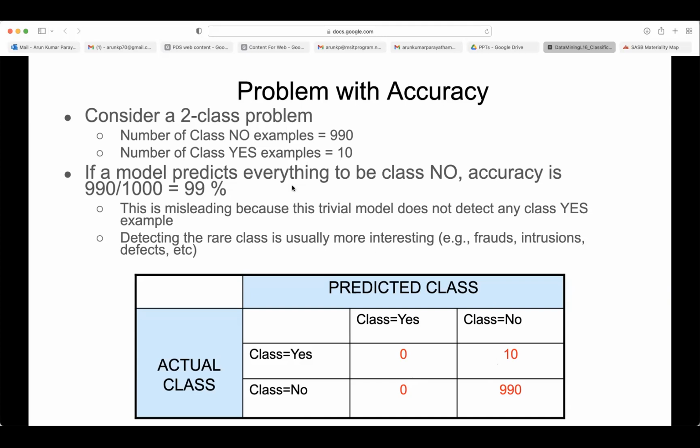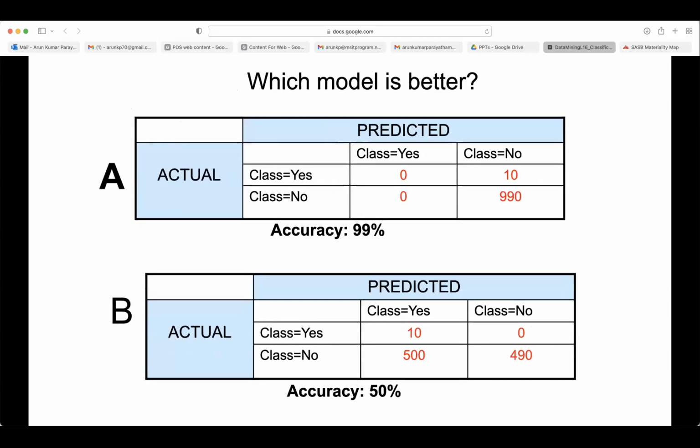So if a model predicts everything to be class no, accuracy is 99%. This is misleading because this trivial model does not detect any class yes example. Detecting the rare class is usually more interesting. Finding fraudsters, finding intruders, finding defects, that is important for them. So though the accuracy percentage is 99%, that is not interesting for the people.